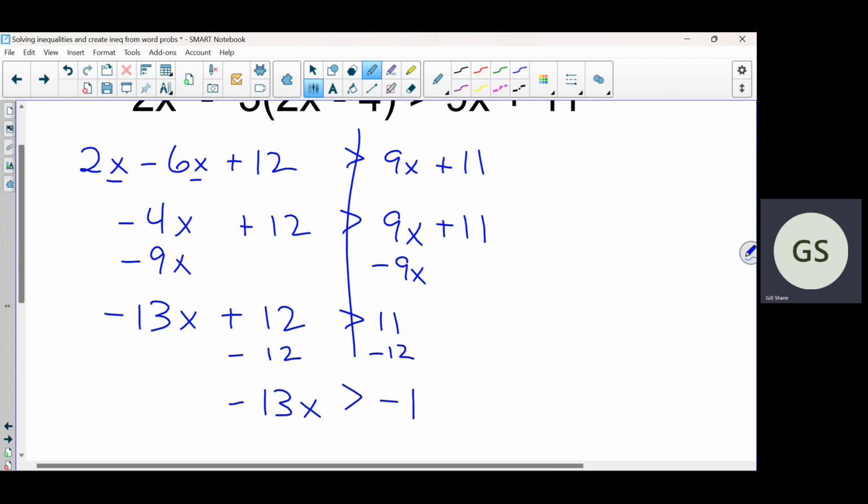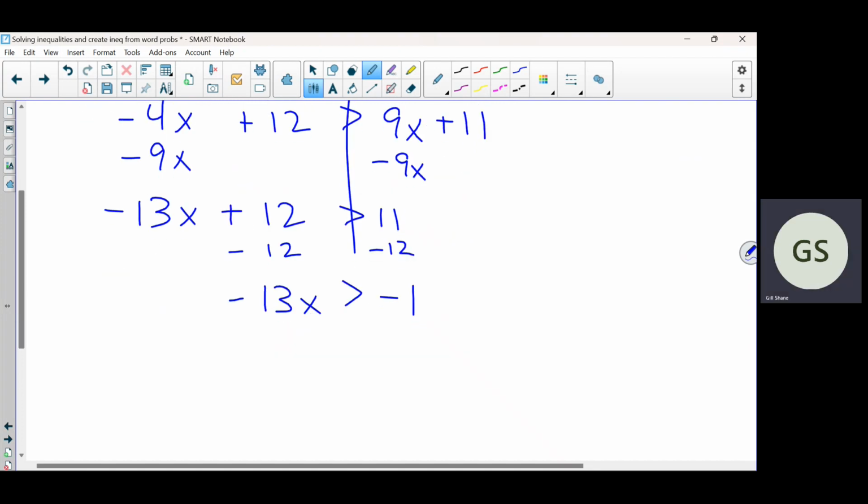If this is negative 13 times x, then we need to get rid of the negative 13. So the way to do that is to divide, do opposite math, always doing opposite math. That's why we subtracted 12. That's why we divide by negative 13. Whatever I do on one side, I do on the other side.